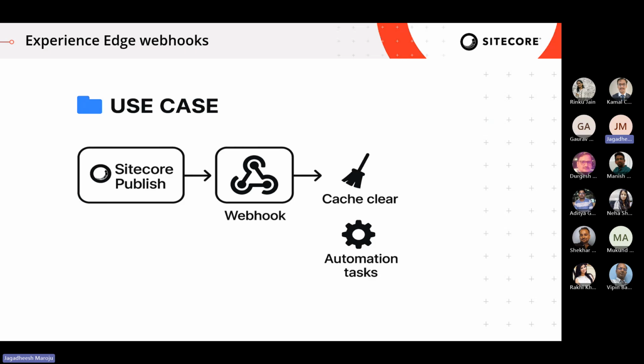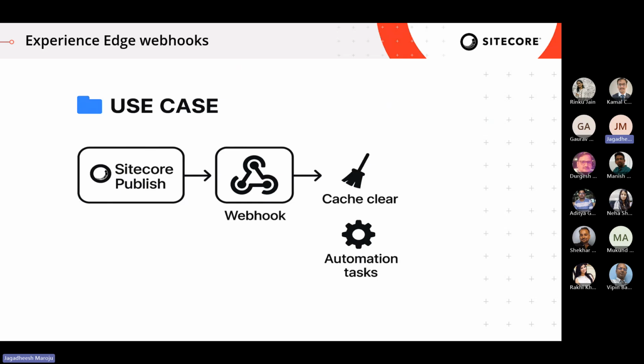If I take an example, you did a publish, and you want your search index to update automatically, so you can configure a webhook that does this job as and when publish occurs. Or one of the most common use cases, like Gaurav mentioned before, if we use Next.js with on-demand ISR, the page will be cached, right?